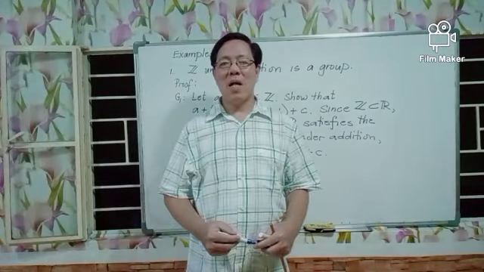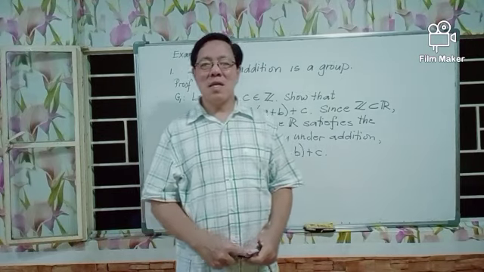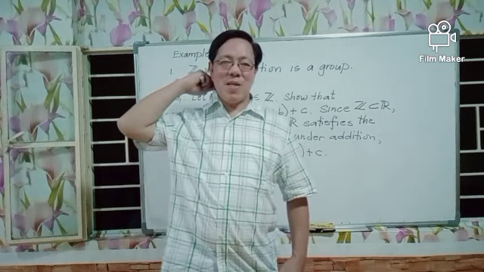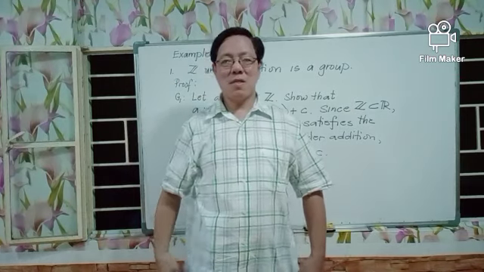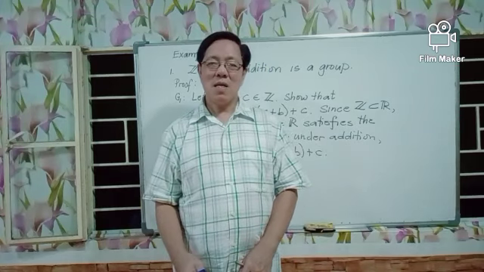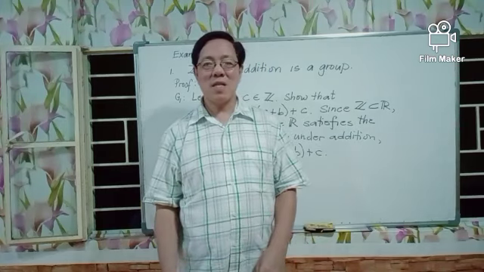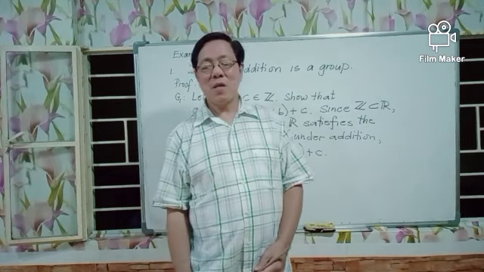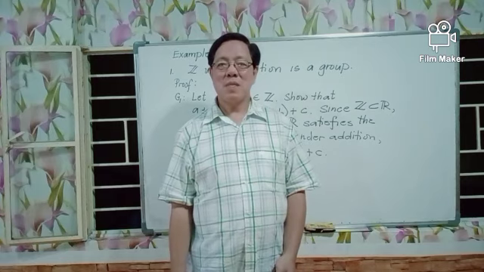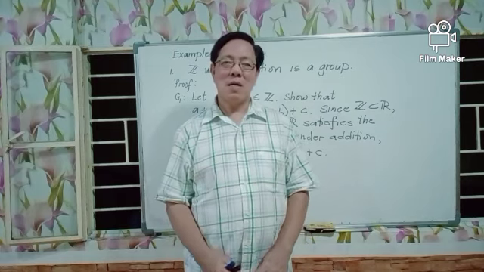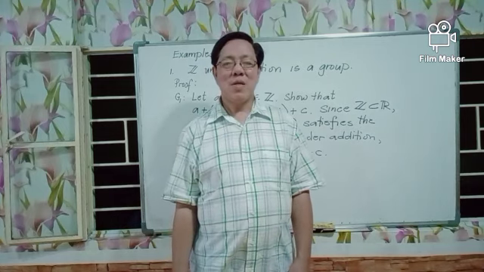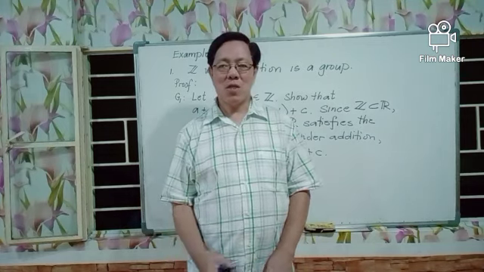In your study of algebra, one of the properties of the set of real numbers under addition is the existence of identity element. In particular, we call this identity element under the binary operation addition, the additive identity, or the identity element for addition.